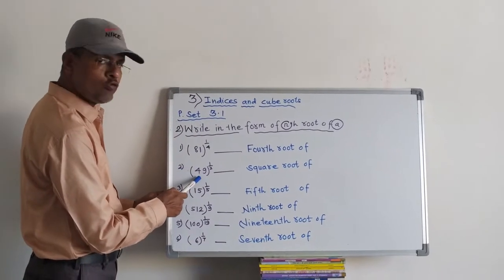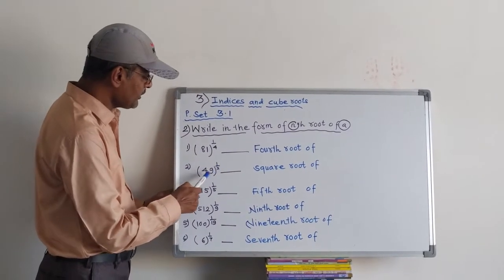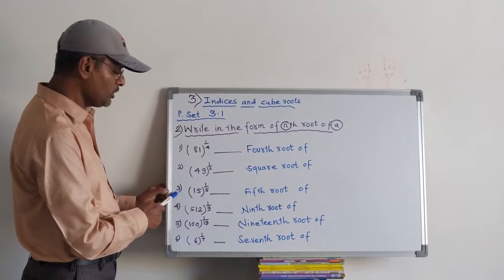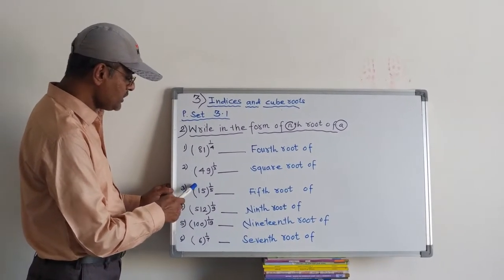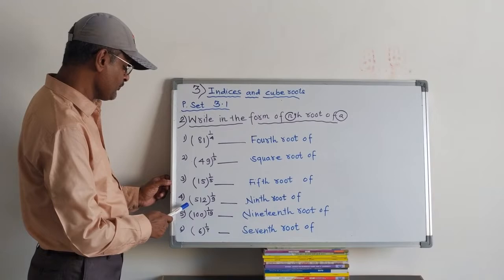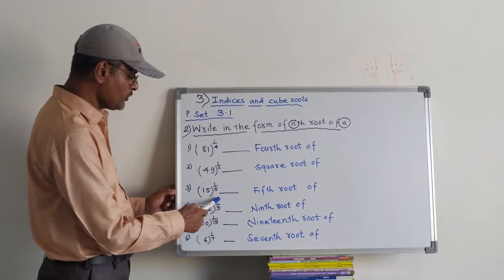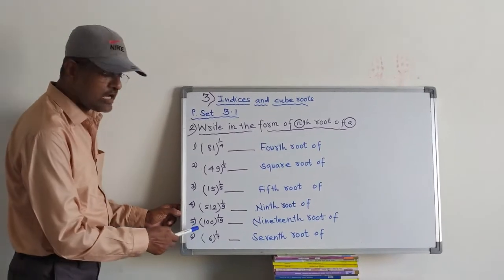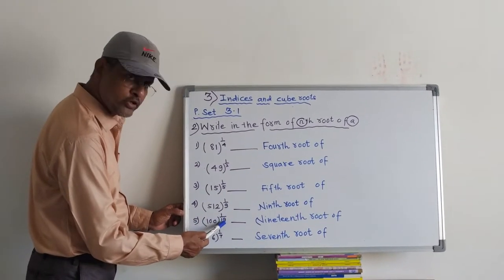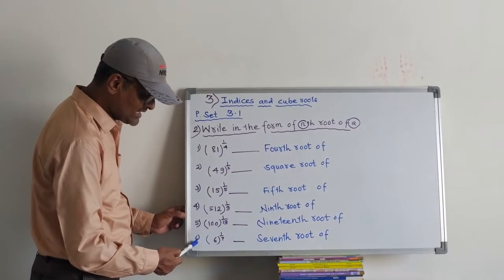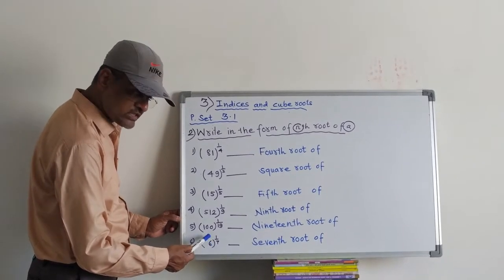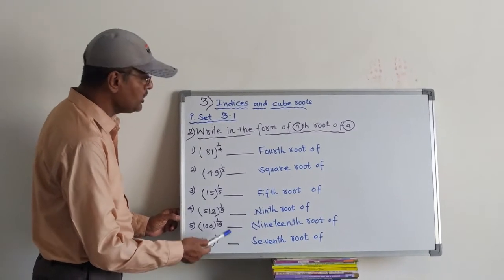Second example is 49 bracket raised to 1 upon 2. Third example 15 bracket raised to 1 upon 5. Fourth example 512 bracket raised to 1 upon 9. Fifth example 100 bracket raised to 1 upon 19. Sixth example 6 bracket raised to 1 upon 7.